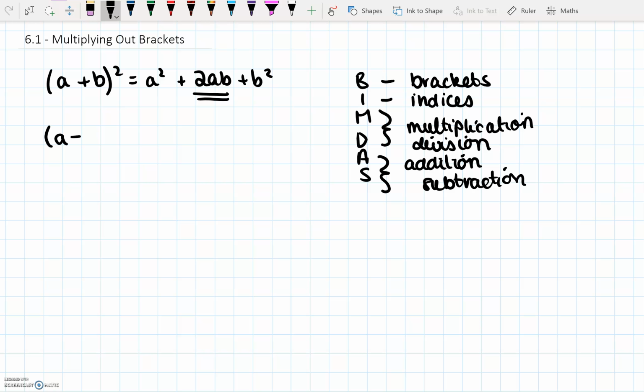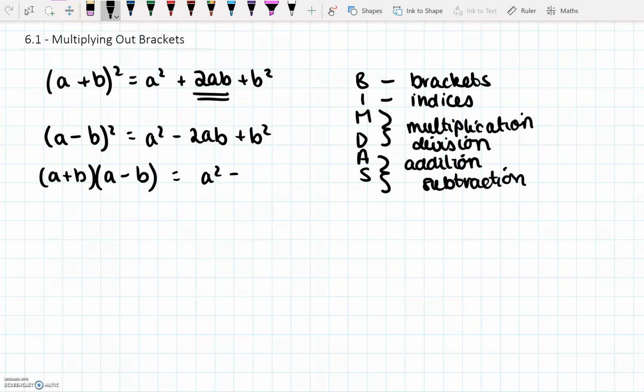Okay, (A minus B) squared is A squared minus 2AB plus B squared, and (A plus B)(A minus B) is equal to A squared minus B squared.